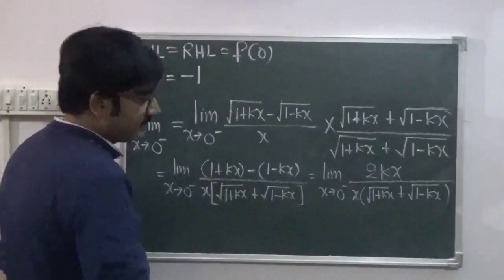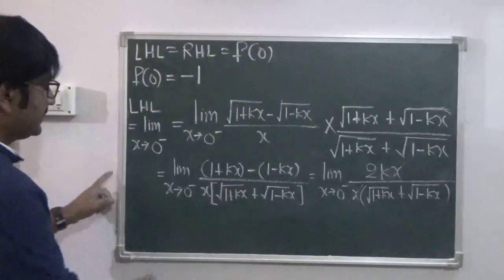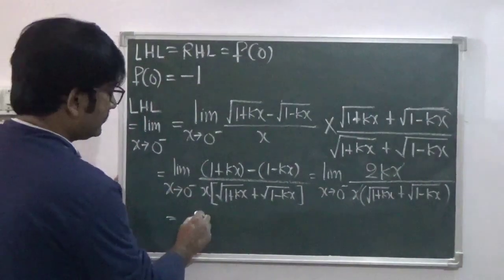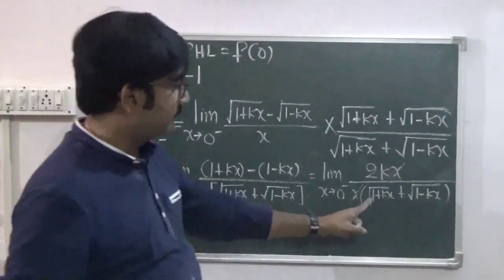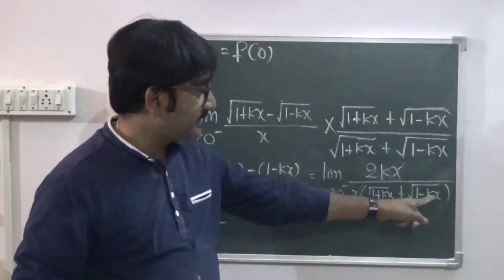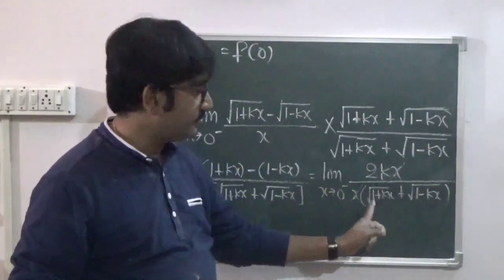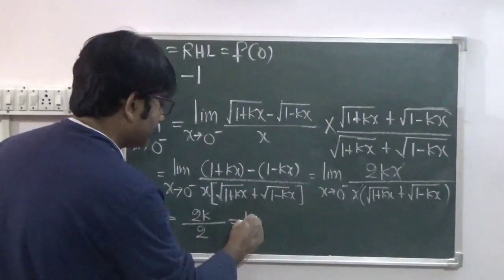Now here x is eliminated. So if we now put x equals 0, we get twice k divided by, 1 plus 0 is 1, root over 1 is 1, plus 1 minus 0 is 1, root over 1 is 1, so 1 plus 1 is 2. So this is 2, and this equals k.